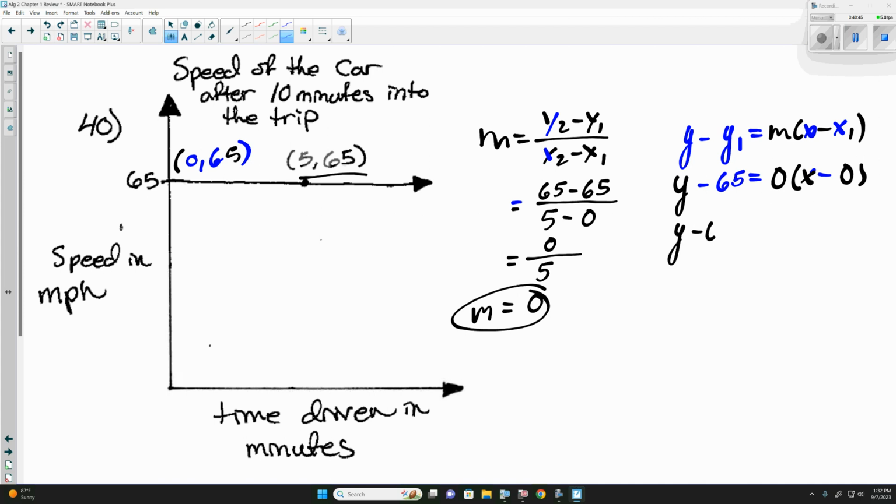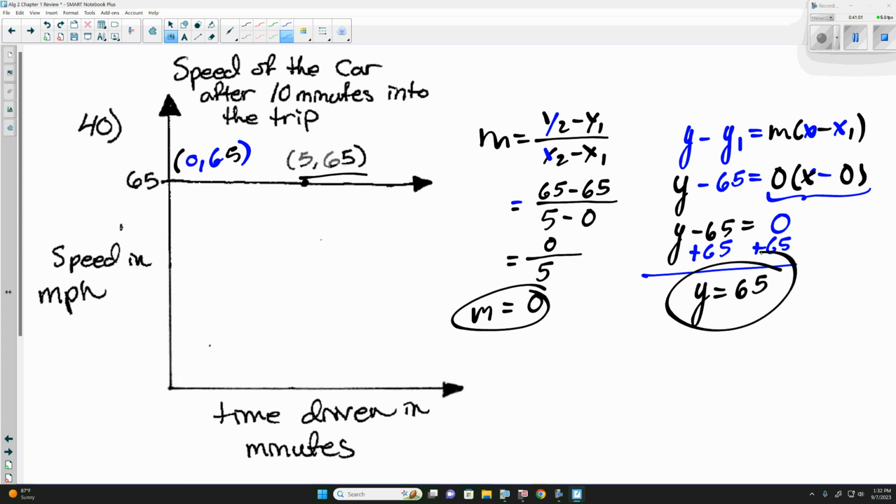We'll still have y minus 65 here. This other side, 0 times anything is 0, so this whole side becomes 0. At this point, we can add 65 to both sides, telling us y is equal to 65. And we know this is true because it is a flat line, y equals 65, and that's it.